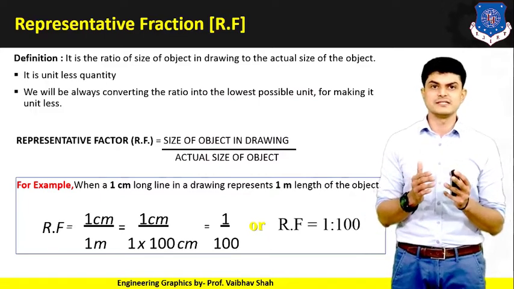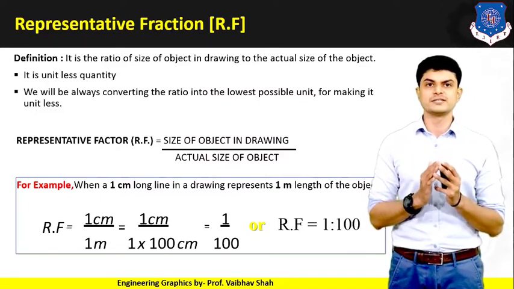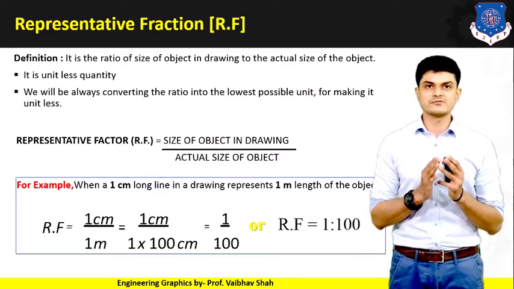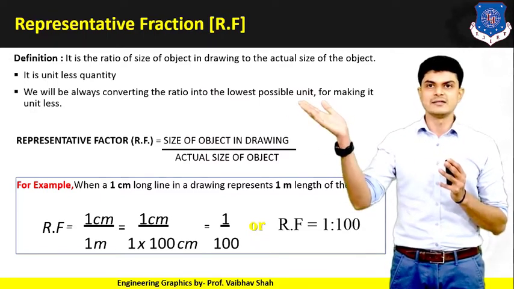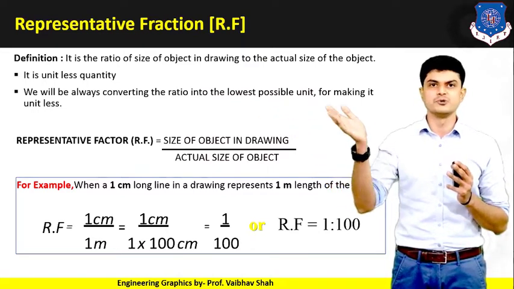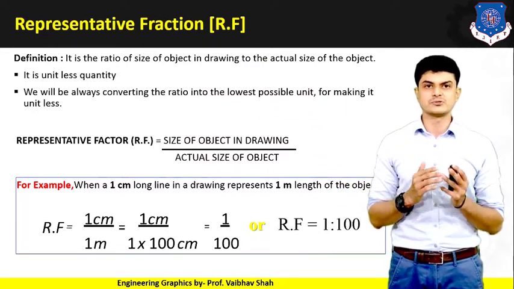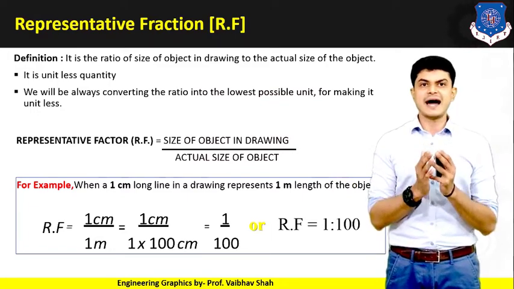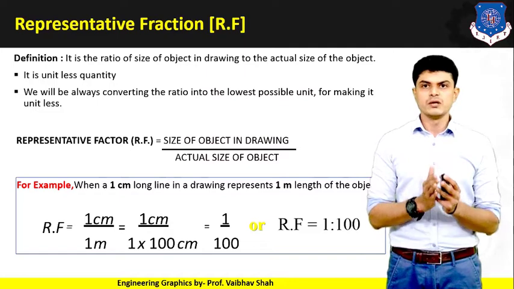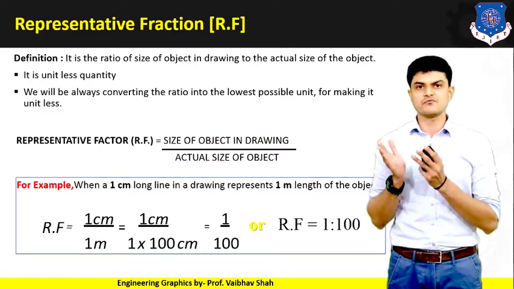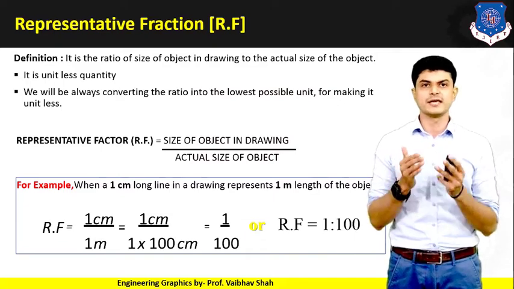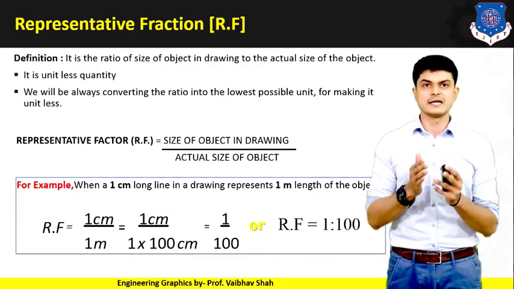Now, as we can see, there are two different units in this equation: one is centimeter and the other is meter. As we said earlier, we will always convert the ratio into the lowest possible unit to make it unitless. So now we need to make this RF a unitless quantity. For that, in place of 1 meter, we convert the meter into the lowest possible unit, in our case centimeter.